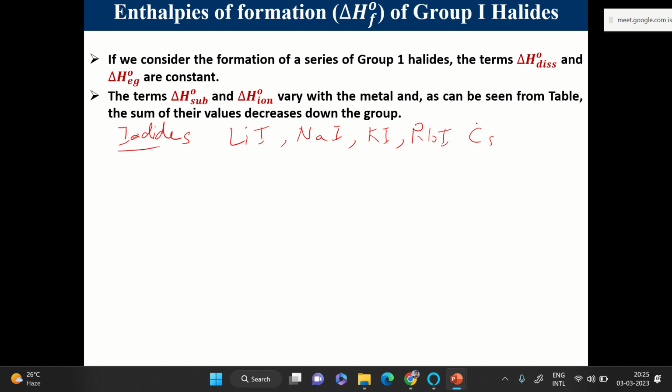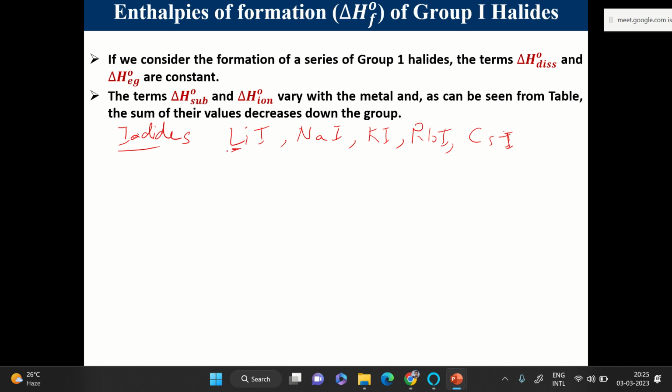If we look at the variation in this pattern, it will not be due to the electron gain enthalpy, not due to electron affinity or dissociation energy, but due to the factors that depend on the metal ions.